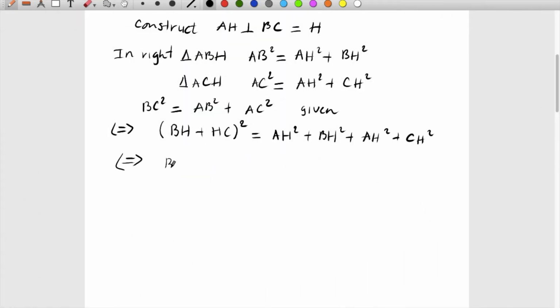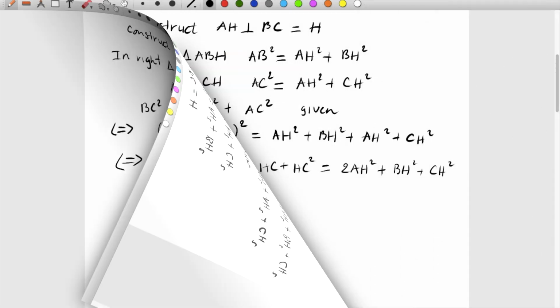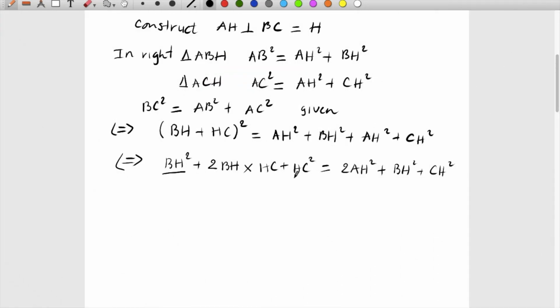Open the bracket, we have BH square plus 2BH multiplied by HC plus HC square equal to 2AH square plus BH square plus CH square. We notice that both sides of the equation contain BH square and HC square.